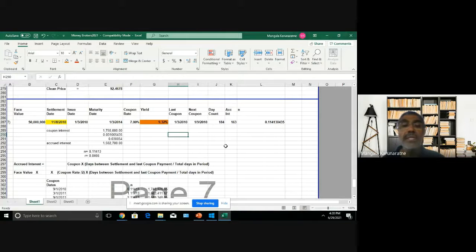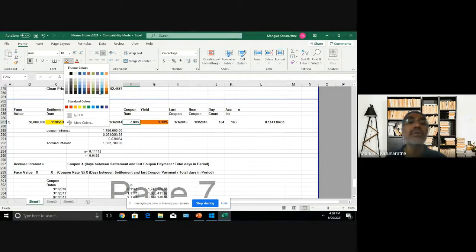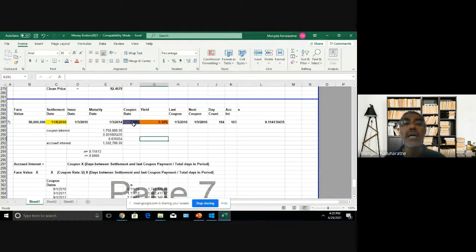Now we need to know the coupon rate to calculate our coupon interest. The coupon rate is also given here. This purple highlighted one, just now I highlighted, is 7%.